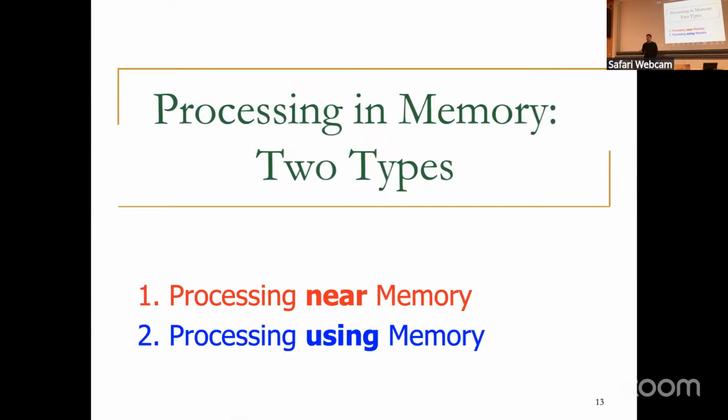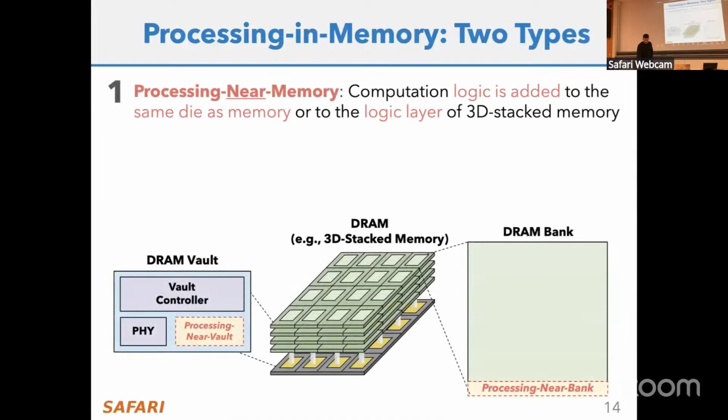And just to give a little bit more background on the literature, we now divide those processing in memory architectures into two different types, depending on how the computation is performed: processing near memory or processing using memory. Processing near memory architectures are designed by adding computation nearby the memory itself. So here it is quite similar to how we would design a processor with memory as is today.